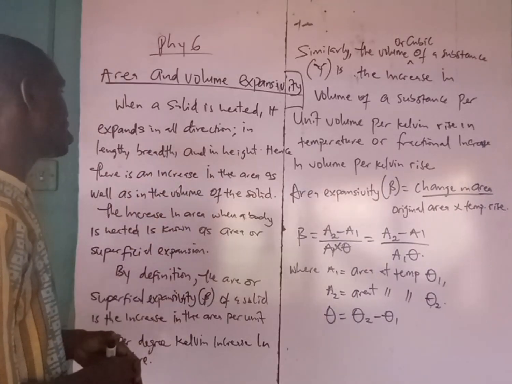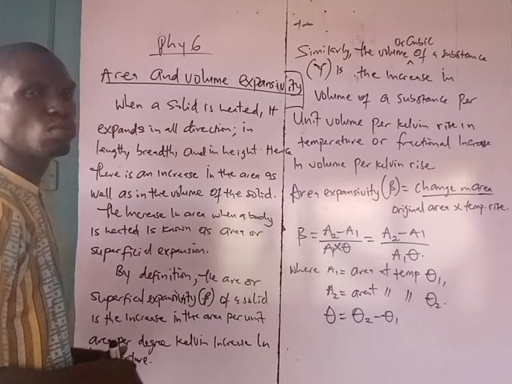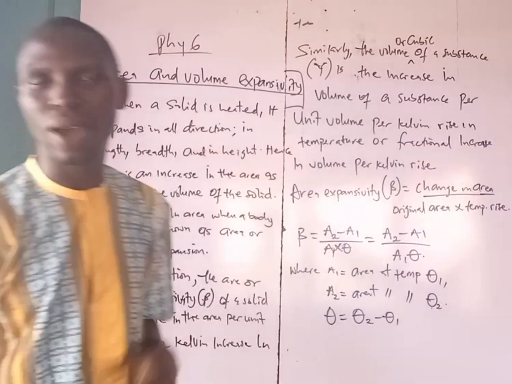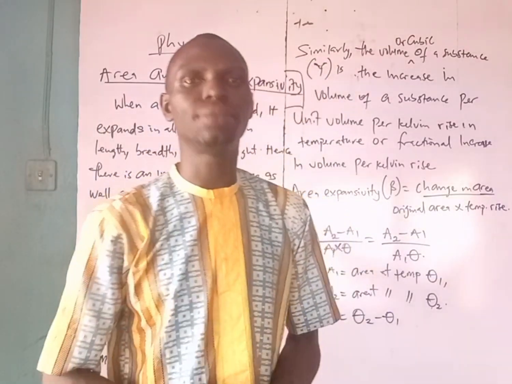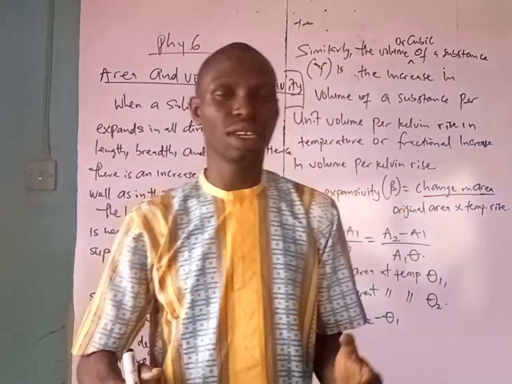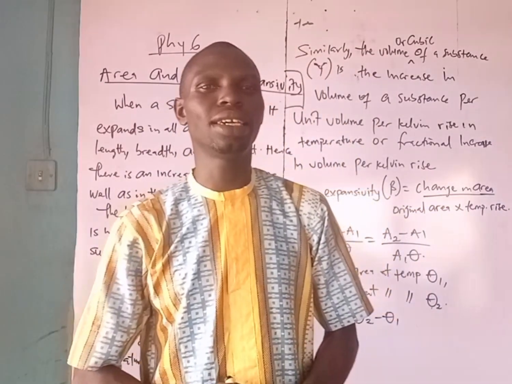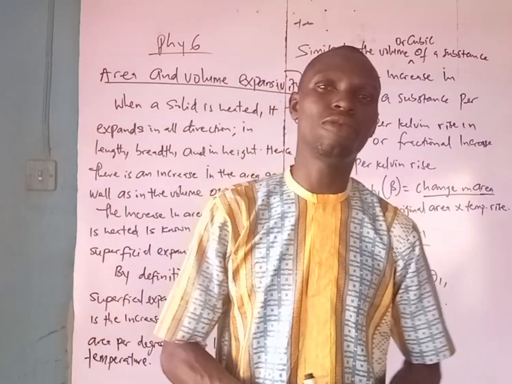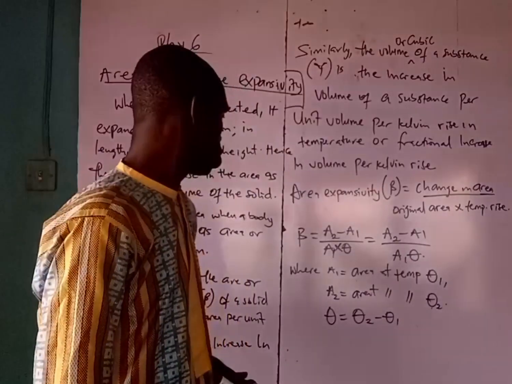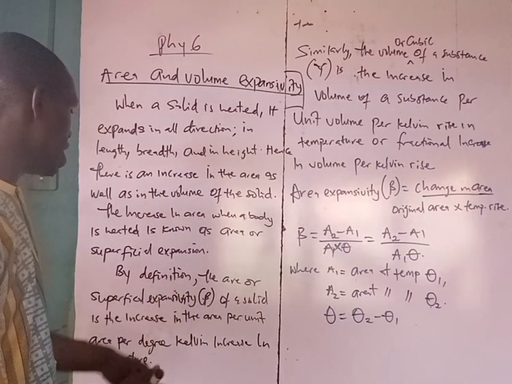Hence, there is an increase in the area as well as the volume of the solid. If the breadth and the length increase, automatically the area and the volume of the solid will equally increase.